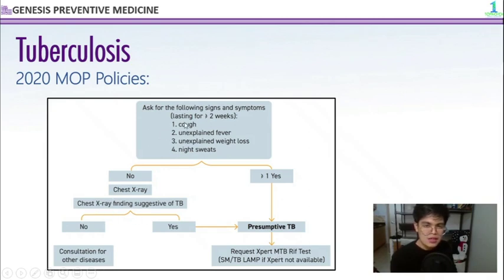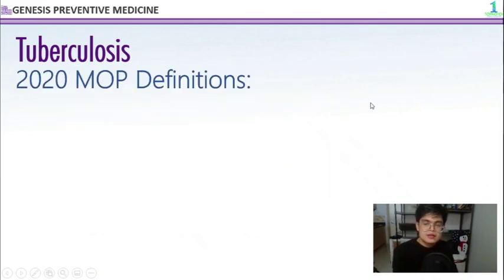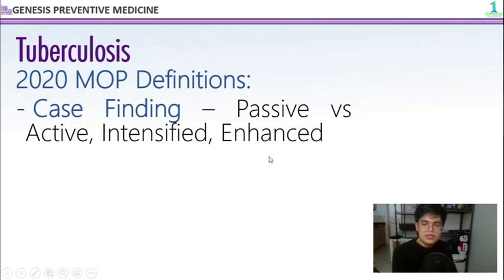If there are neither clinical data or clinical history suggestive of TB, nor X-ray findings suggestive of TB, then that's a signal to consult or look for other diseases. Case finding can be passive or active.